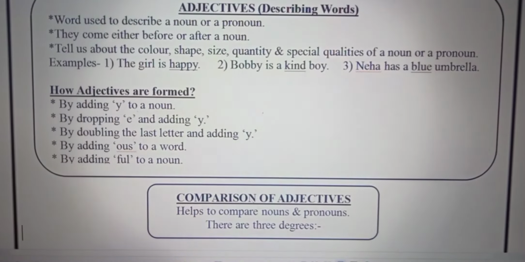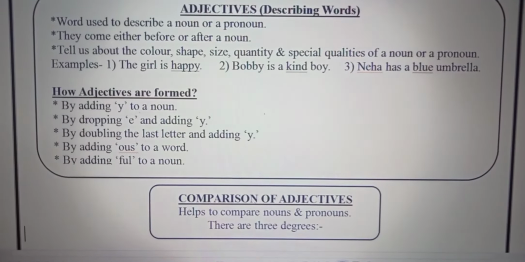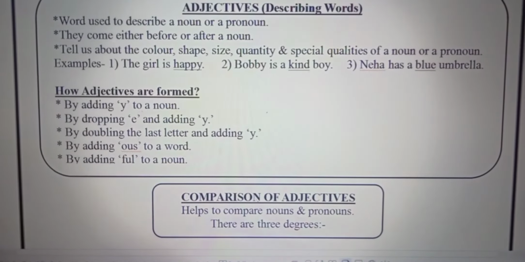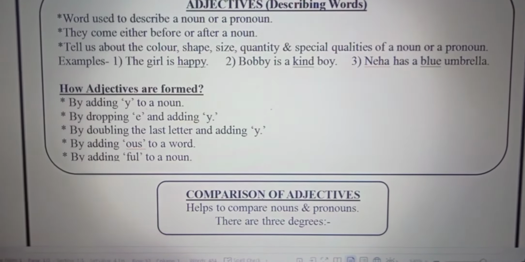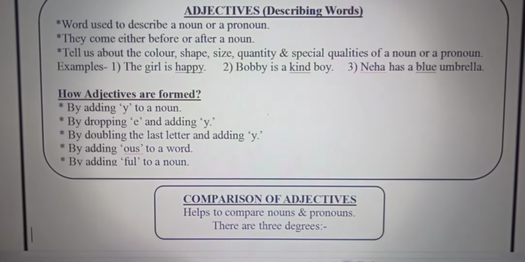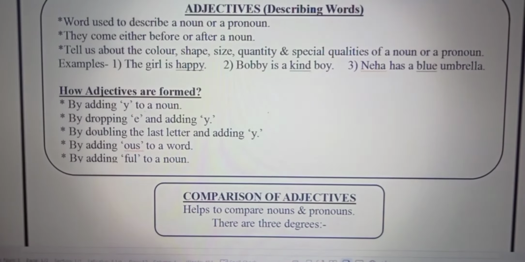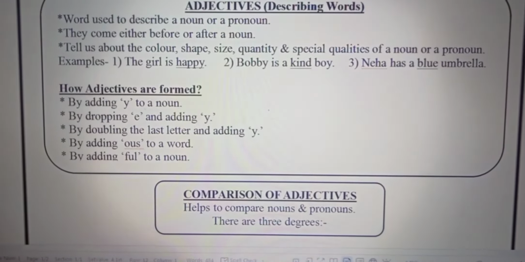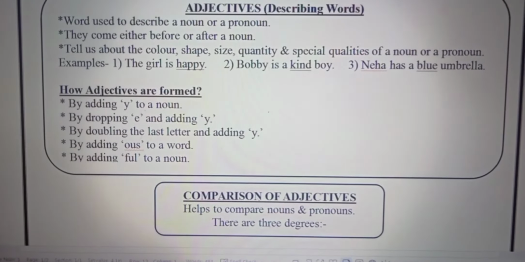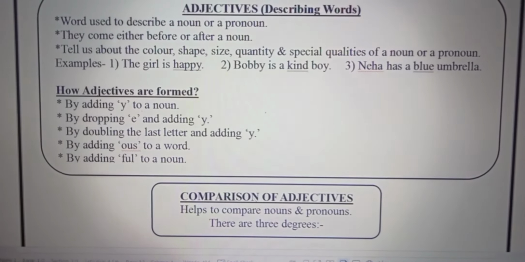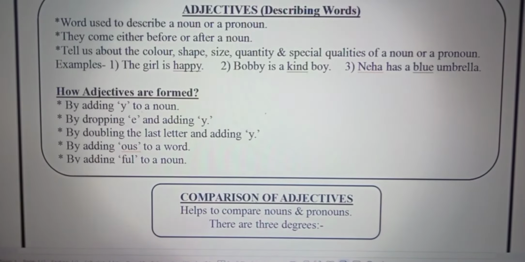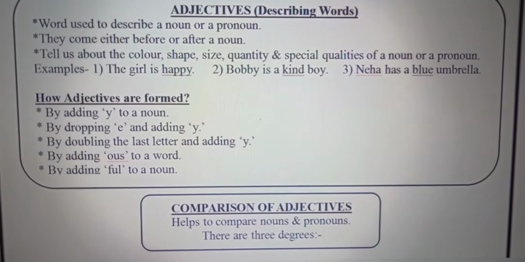Now third point is by doubling the last letter and adding y. So now let's suppose I say fog. Fog is F-O-G. So we will double the last letter, that is G. So F-O-double-G-Y, foggy. Now next is by adding O-U-S to a word. Example, danger.